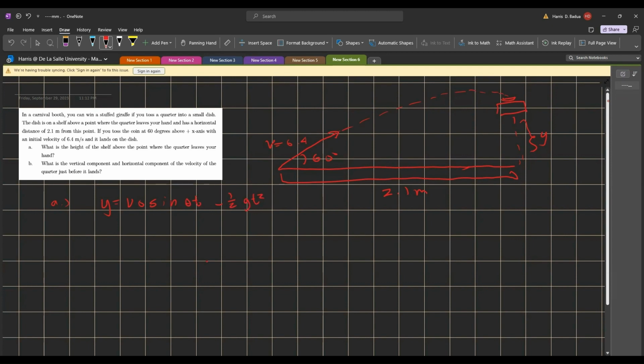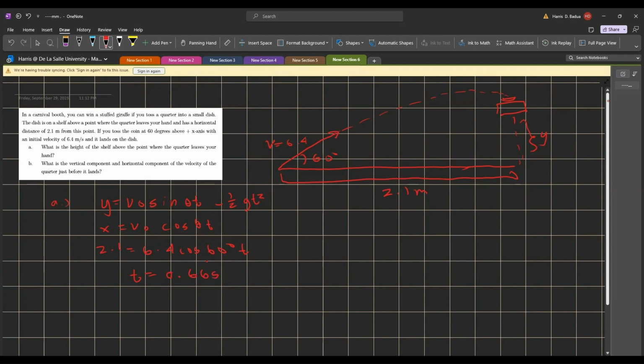But what we have is yung x, in which x is equal to the initial velocity cosine theta times t. So we input lang natin, this is 2.1 equals 6.4 cosine 60 degrees times t. And pag input natin yan sa calcu, the time na makukuha natin is 0.66 seconds.